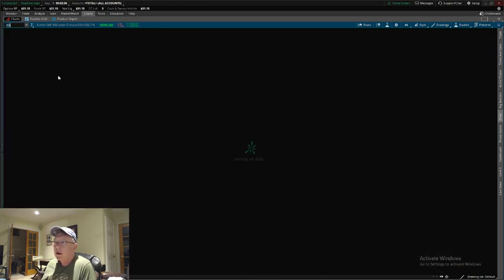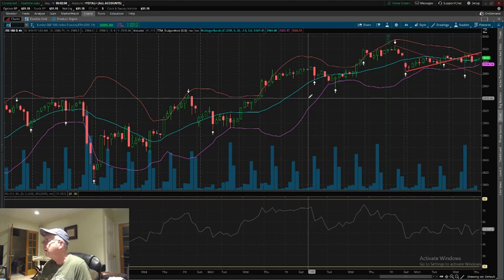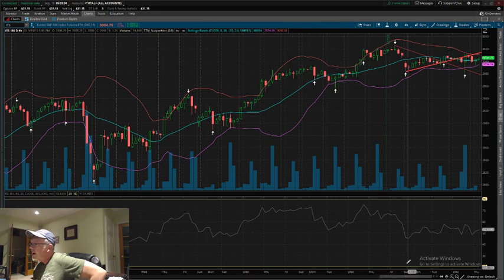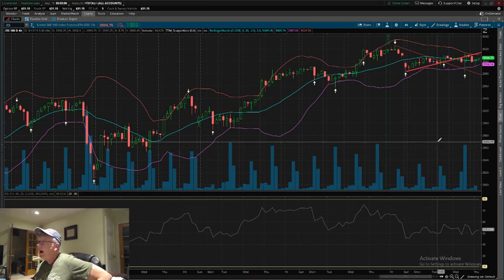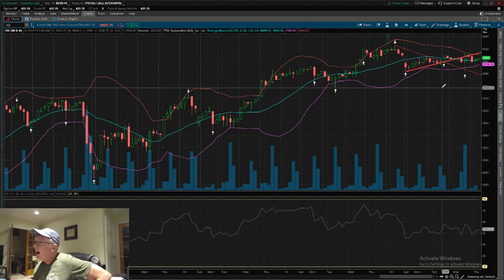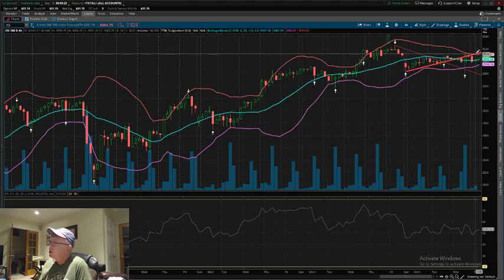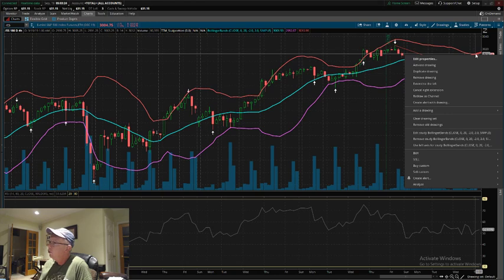Let's take a look at the S&P 500. Now, the S&P 500 was able to flash a bullish reversal bar yesterday. We're holding the 3,000 mark, but we do have what was the prior lower band of support now acting as a bit of resistance, this line here in red.